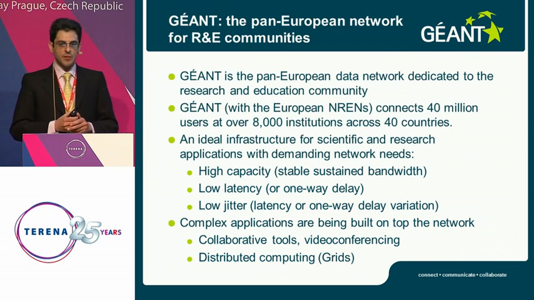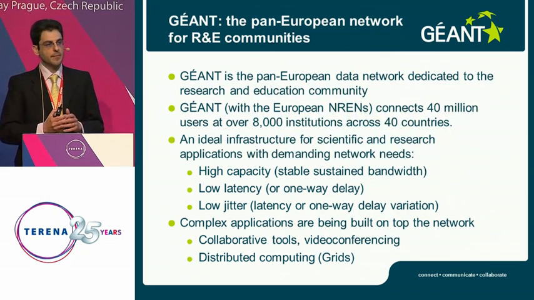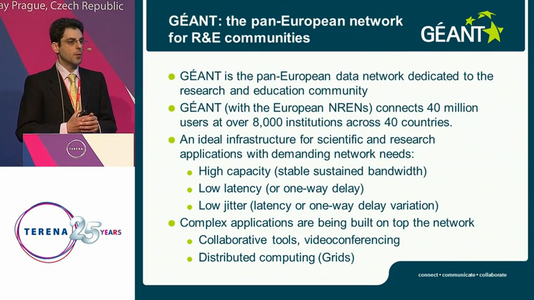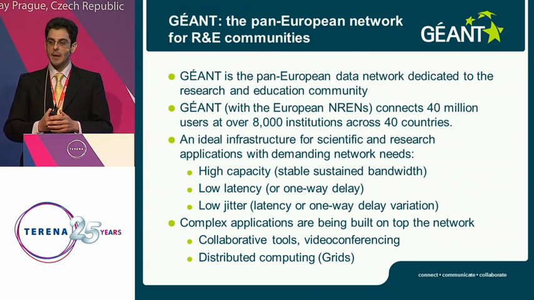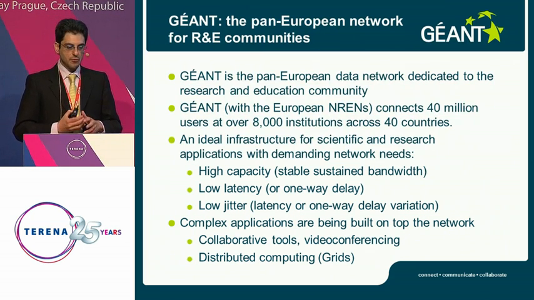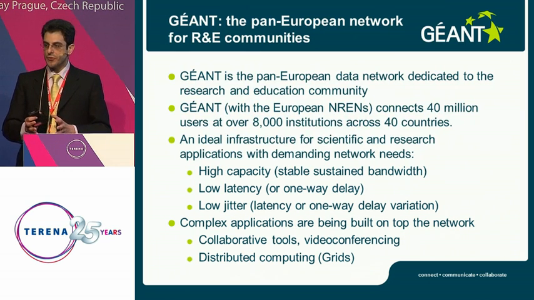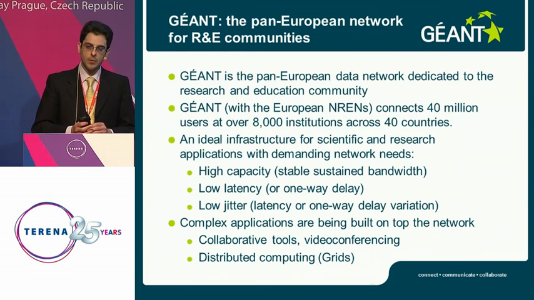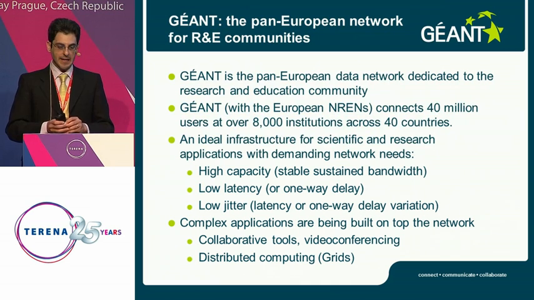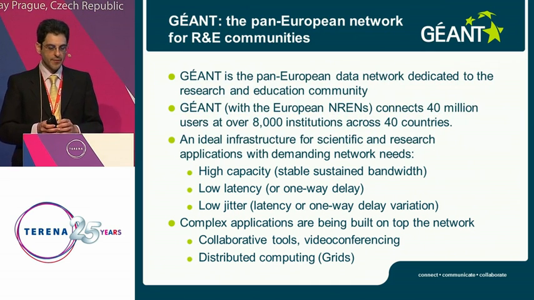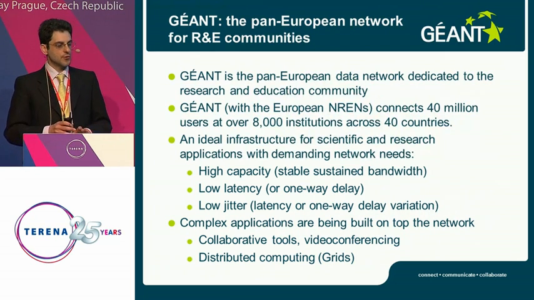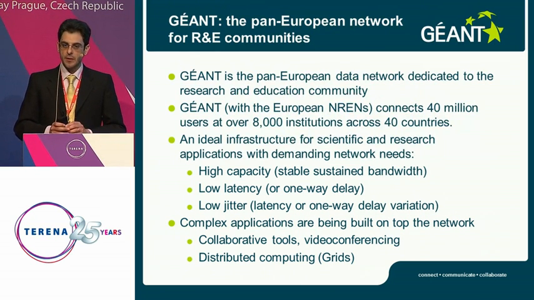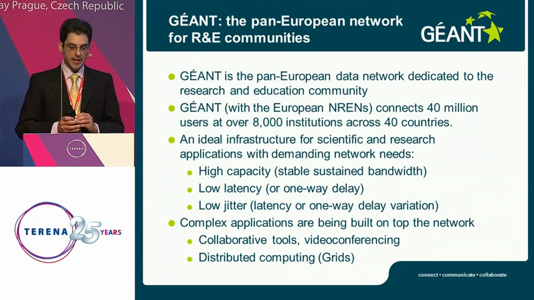So, just a few words about GÉANT. I know that most of you know almost everything about this pan-European backbone. I would just like to remind a few numbers. The total users that are connected by the NRENs and GÉANT is almost 40 million, covering 8,000 institutions and more than 40 countries.